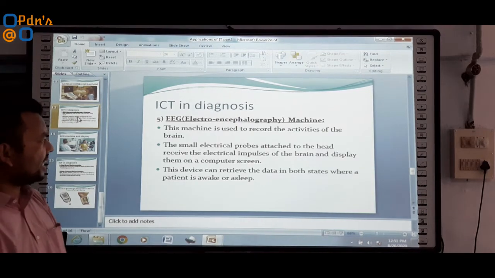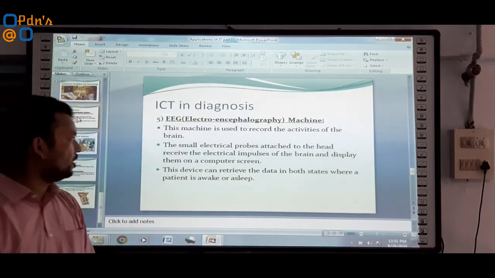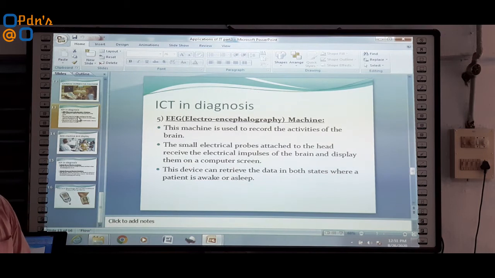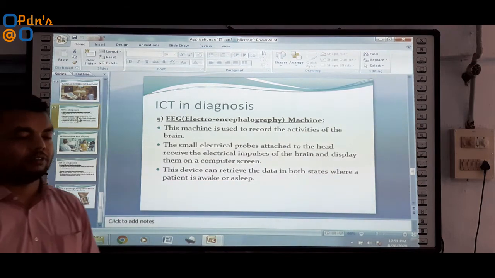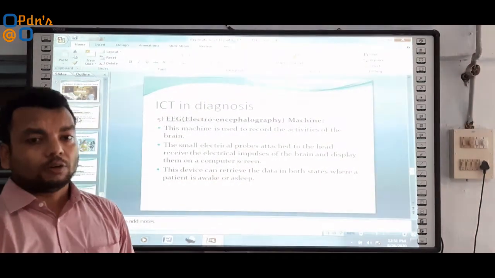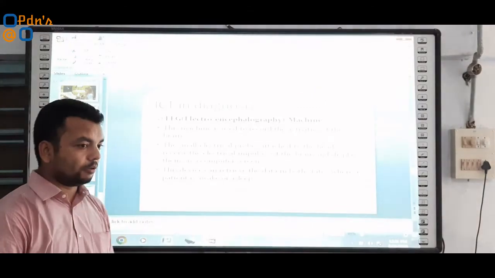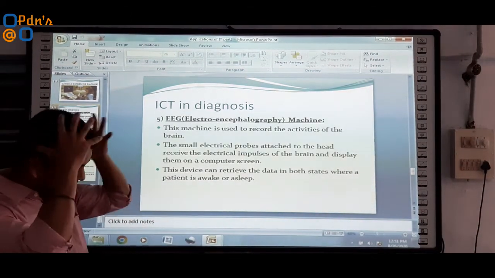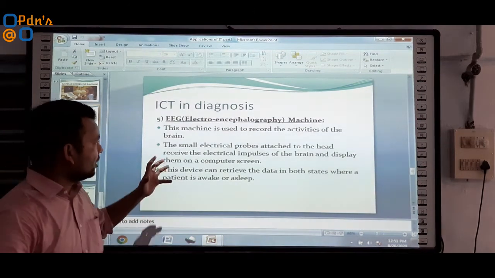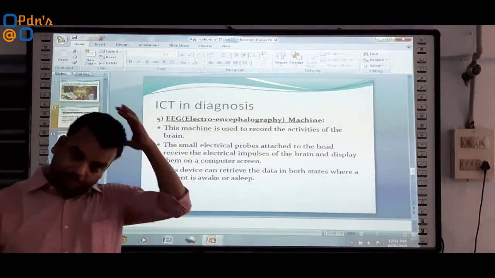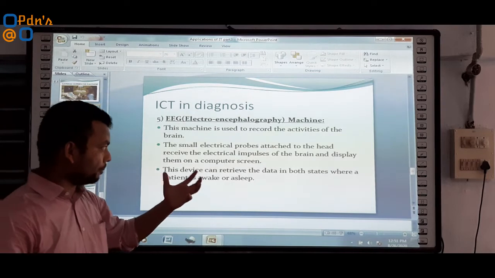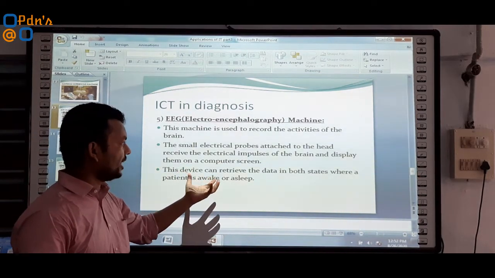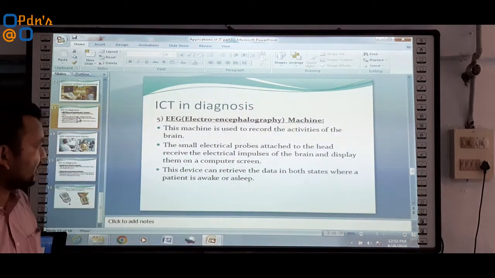Here, certain electrical probes are attached to the head, which receive electrical impulses generated by the brain and display them on the computer screen. Means, whenever we attach this device, all the electrical impulses generated by our brain will be recorded and displayed on the computer screen.